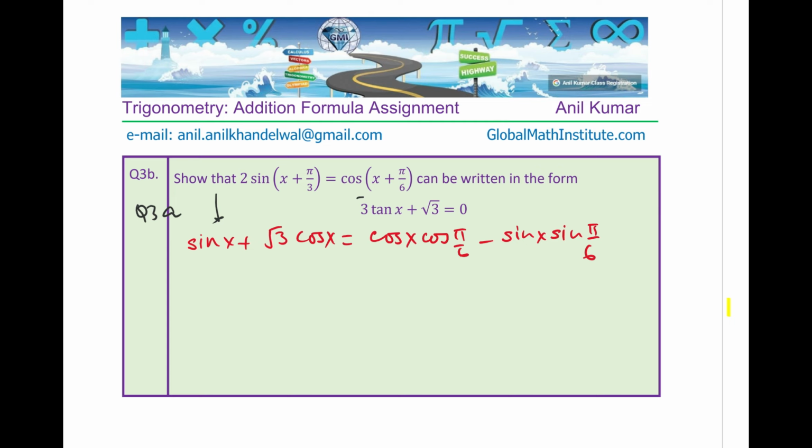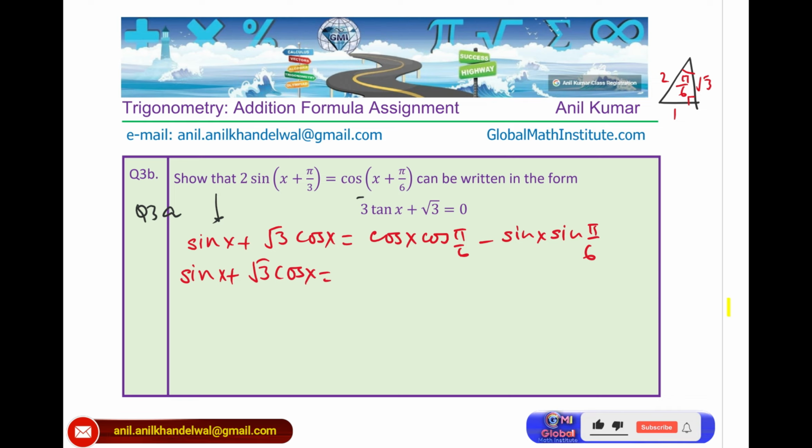We'll again use the right angle triangle, which is a special triangle, 1, 2, square root 3. The angle pi by 6 this time is that angle. So we can say that sine x plus square root 3 cos x is equal to cos x. Cos pi by 6 is square root 3 over 2, right?